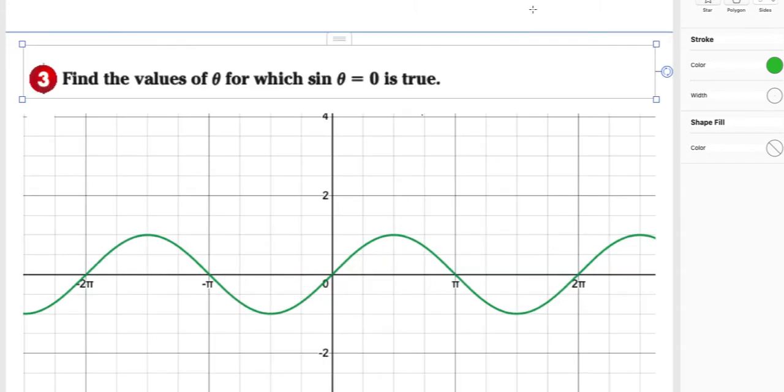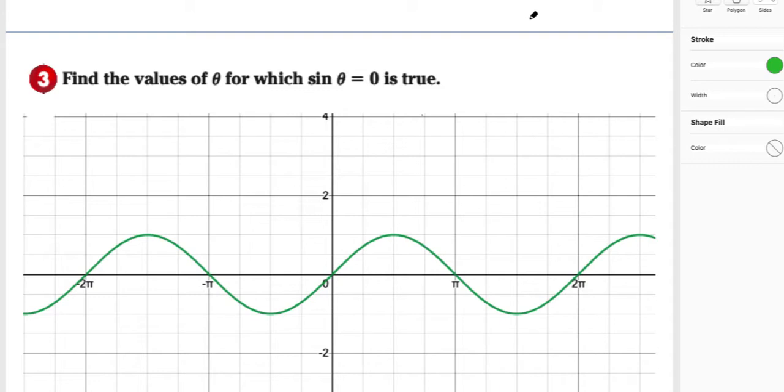Again, I'm going to use the graph of the sine function in order to answer this question. It says, find the values, plural, of theta for which sine of theta is equal to 0. We already kind of know this because we just talked about the intercept values.